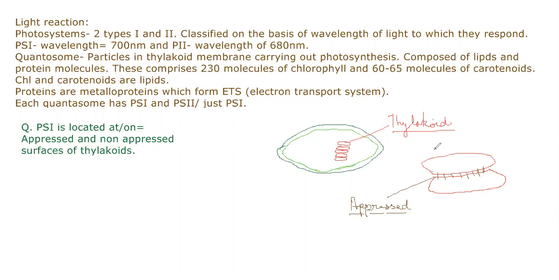And this part is the non-appressed. Only these areas on the sides are the non-appressed parts of the thylakoid membrane.